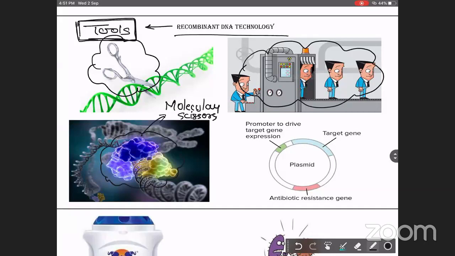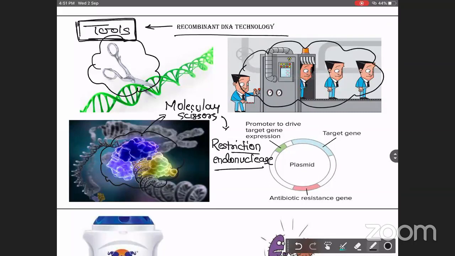The molecular scissors in recombinant technology or biotechnology are particularly called restriction endonuclease. This we have already seen in the previous class.